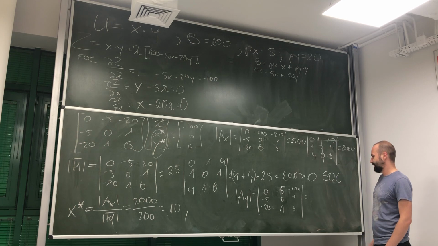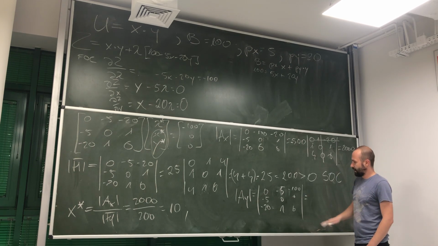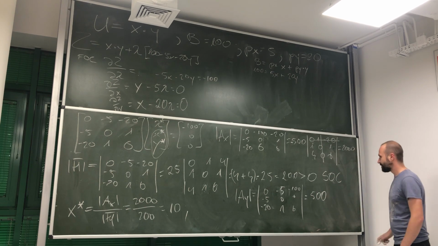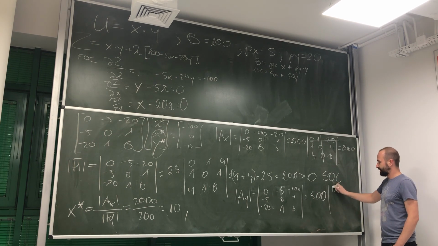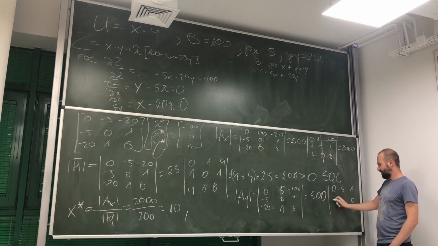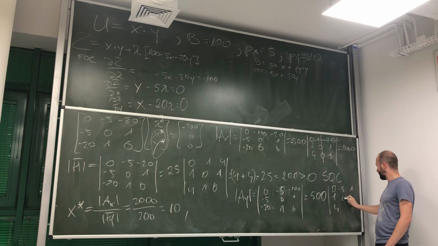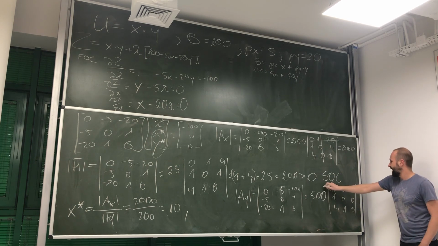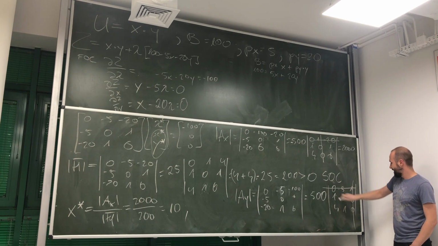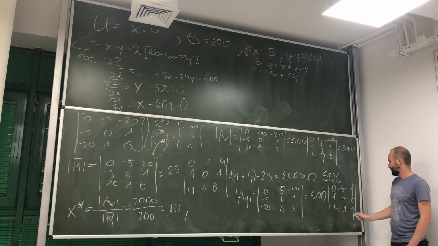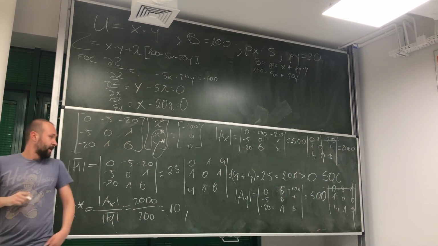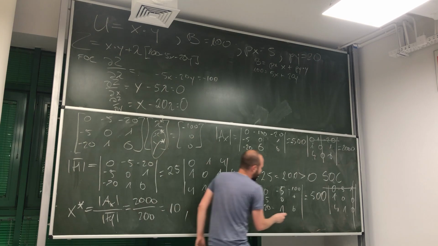We get 500 times the matrix 0, 1, 1; 1, 0, 0; 4, 1, 0, and again we can delete this, which gives us 500.